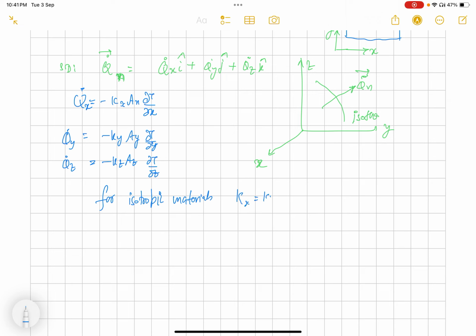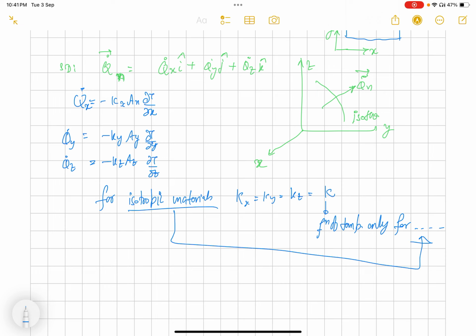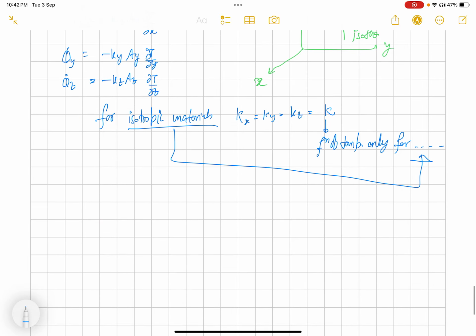Kx equals Ky equals Kz equals K. K is a function of temperature only for isotropic materials. So from the next class we will start the derivation of the heat conduction equation.